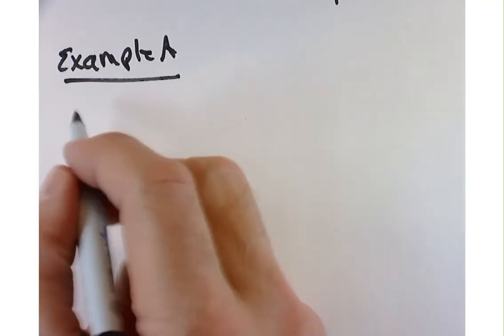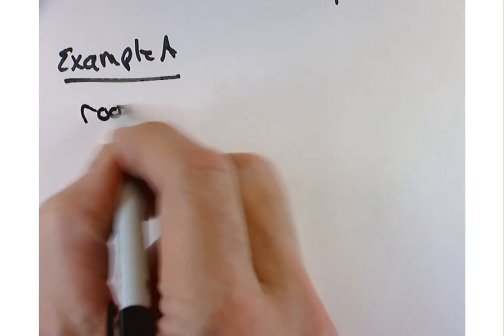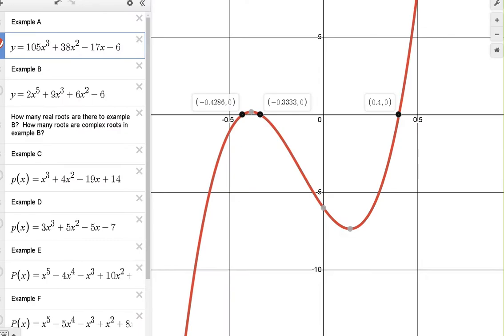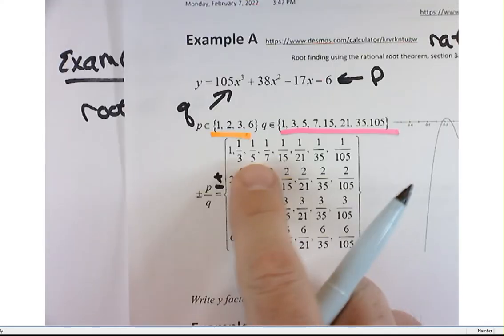One of the roots that I can see there is I've got a root at x equals negative 0.3333. And, can anyone think of a fraction that sounds like? What fraction does that look like? Yeah, looks like negative 1/3. And if you take a look at your list of possible rational roots, there's your 1/3.